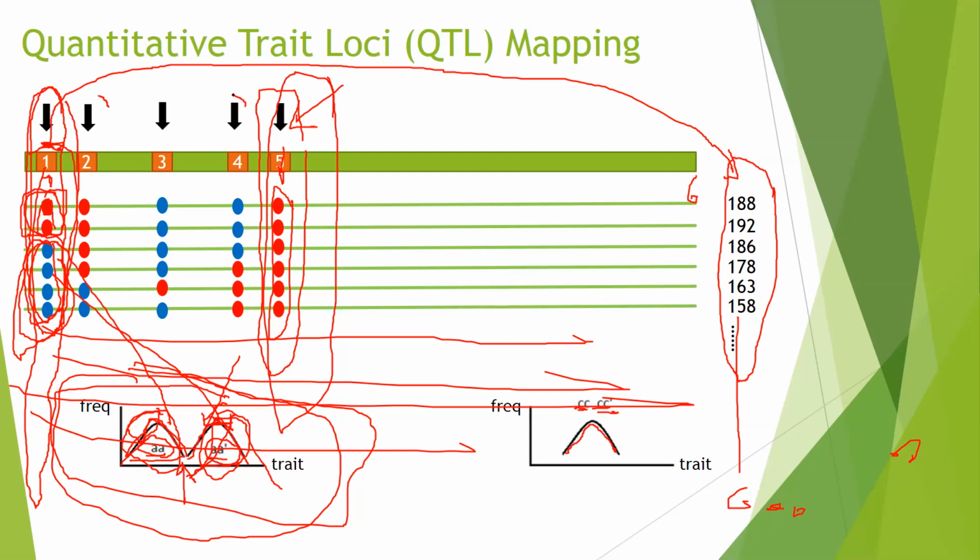Only when you see variability in genotypes at a locus can you include this marker in the analysis and try to test if this marker is associated with the phenotype or not. Does that make sense? Good question.